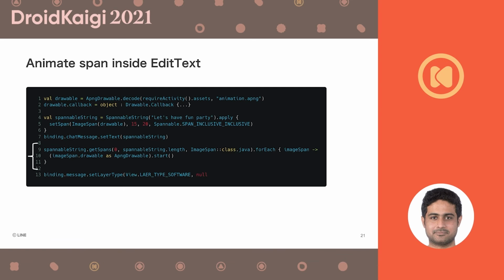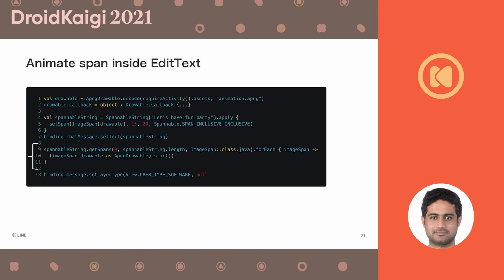Spannable string provides us a method to get spans, so we can get all the spans of our need using the getSpans method, and we can then iterate over it using a for each loop. Here you can see we get all the spans of the image span class, iterate with the for each loop and start the animation.